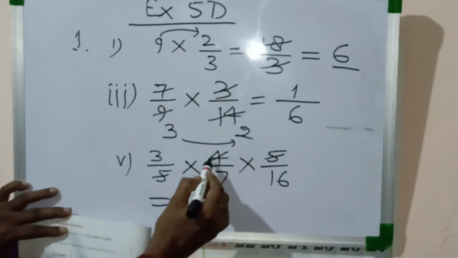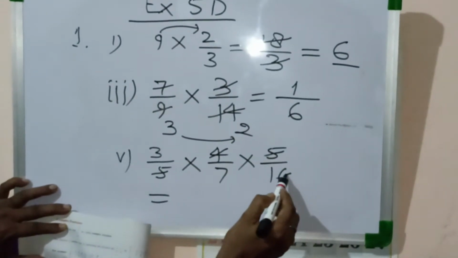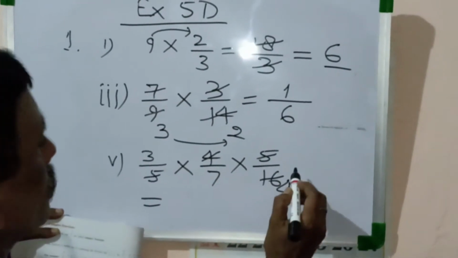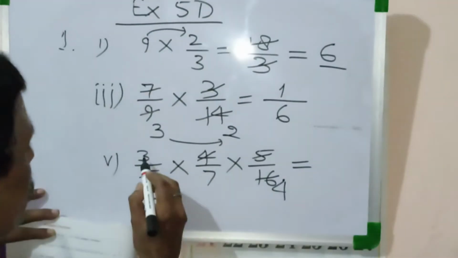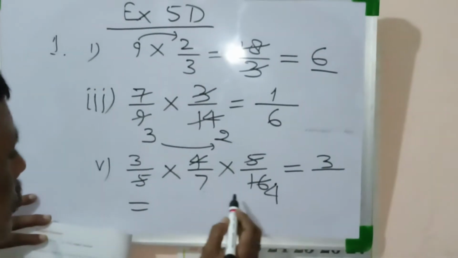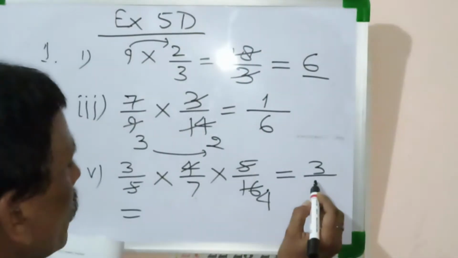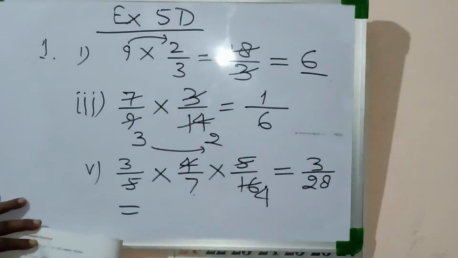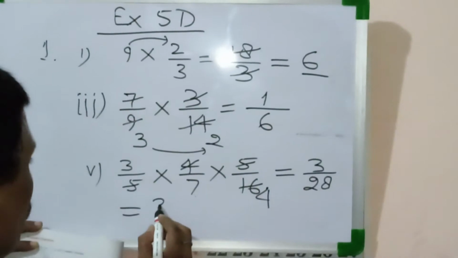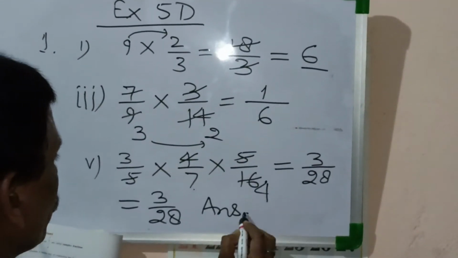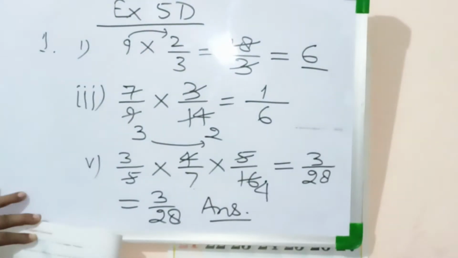This 4 can divide 16, 4 fours are 16. So the numerator is left as 3 upon 7 into 4. 7 fours are 28. So this is 3 upon 28. This is your answer. Okay.